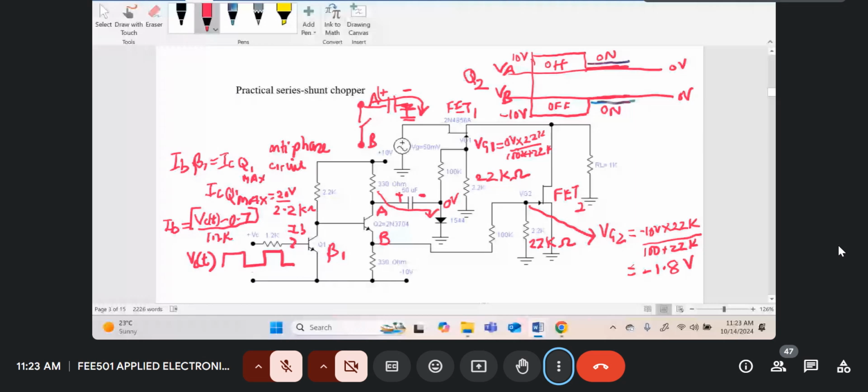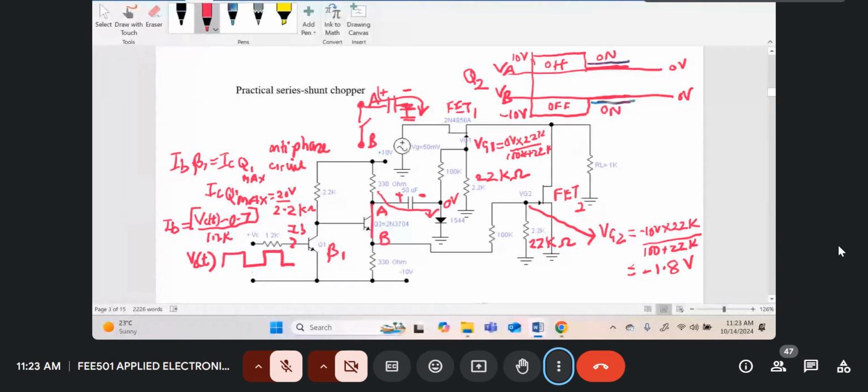The capacitor, which was charged to positive 10 on its positive side, is now connected to a zero potential, because the 330 ohms at the collector of Q2 and the 330 ohms connected to minus 10 will form a circuit like this.